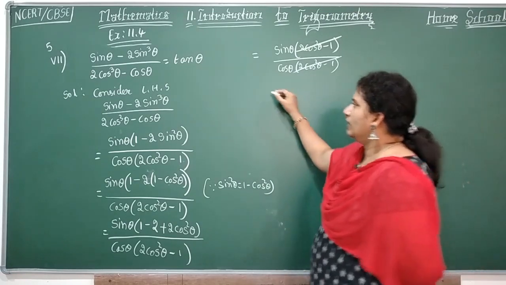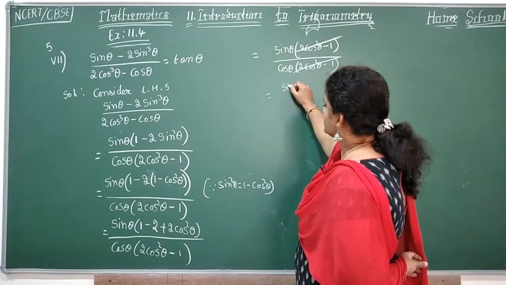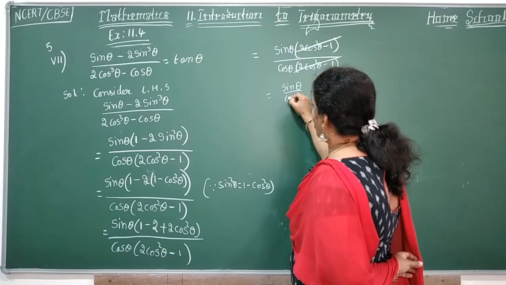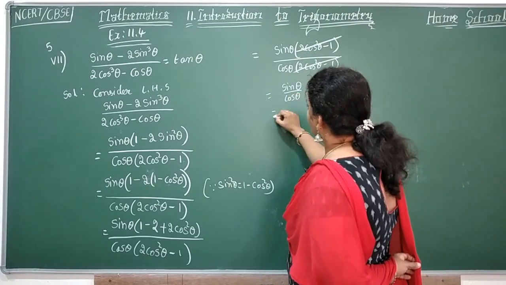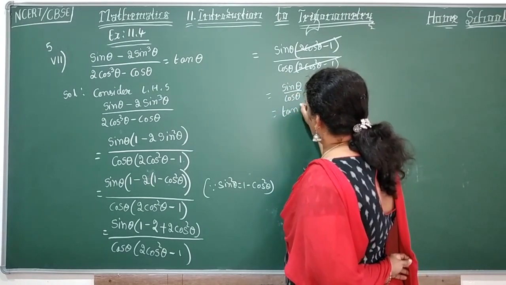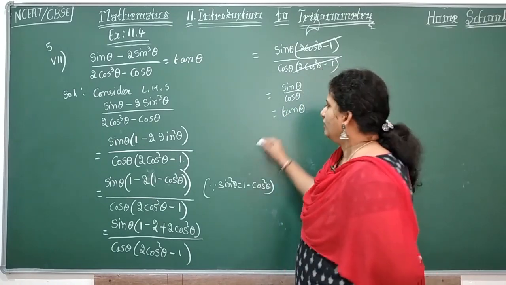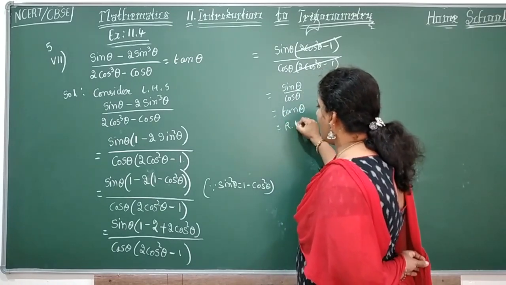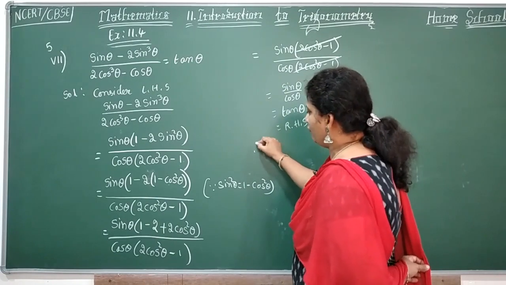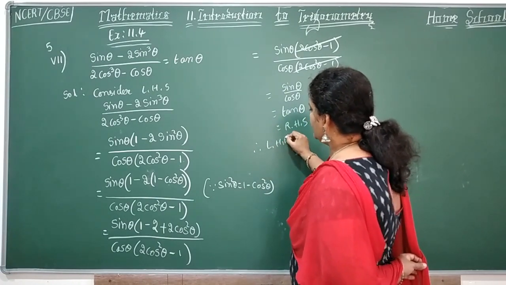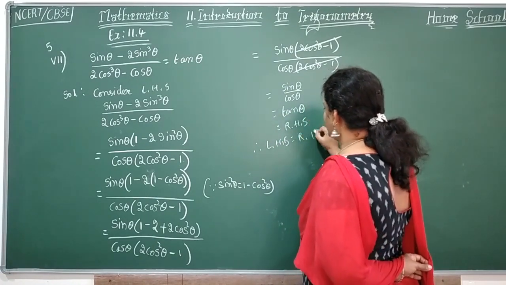So finally, what are you left with, children? Sin theta by cos theta, which is equal to tan theta, which is the RHS. Therefore LHS is equal to RHS.